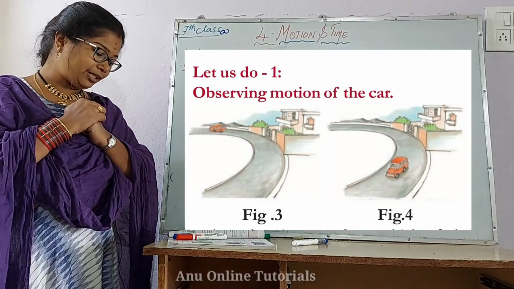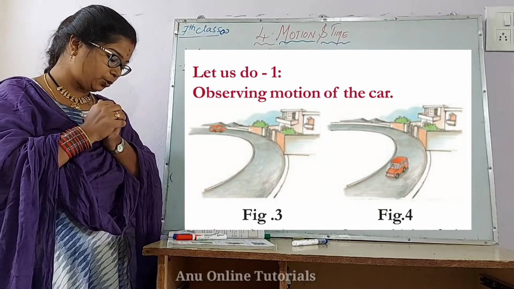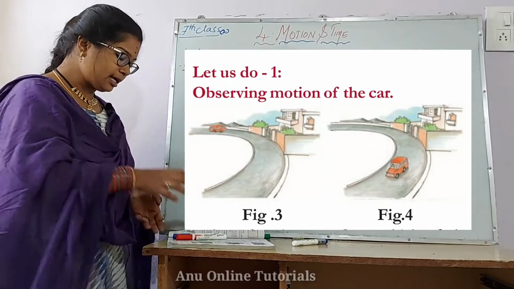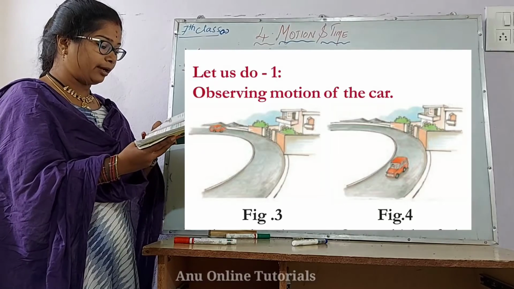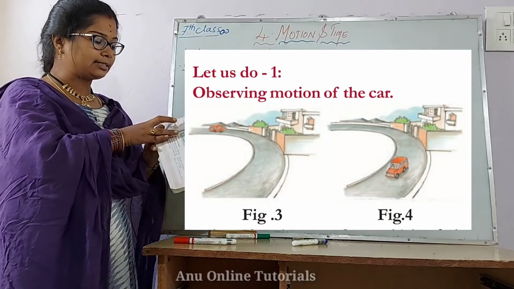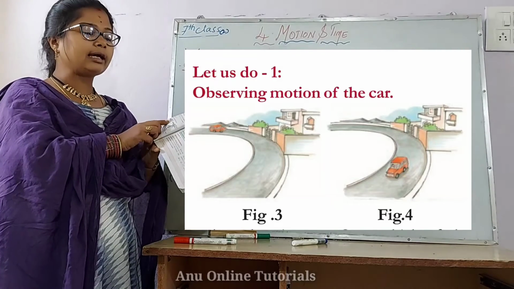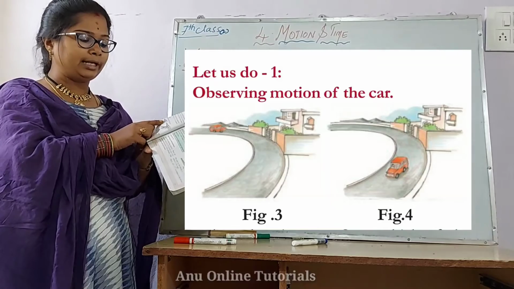In the picture, it is shown that a car is moving on the road, and beside the road one building is there.